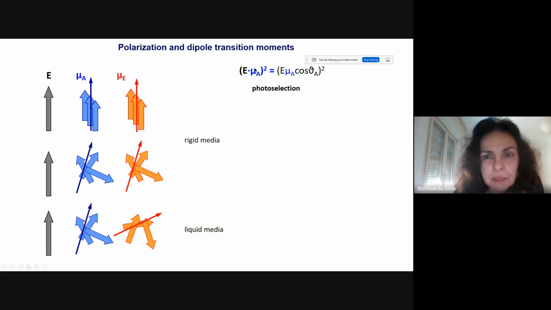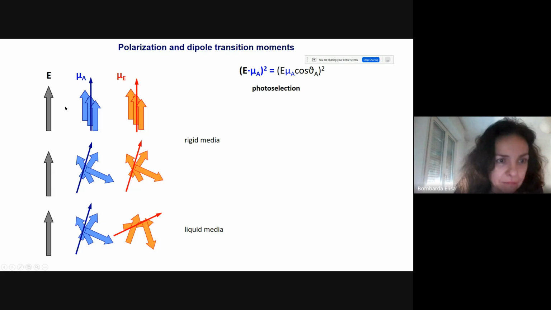That is a scalar product, and that is what we call photoselection, because that gives us the probability of exciting the molecule. So it depends on the orientation between the excitation dipole and the absorption transition moment of our molecule.